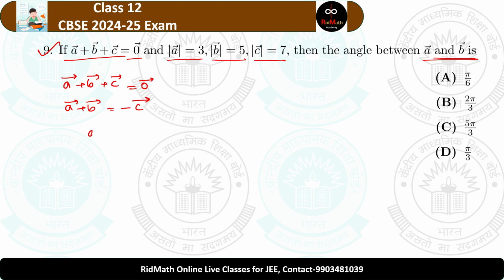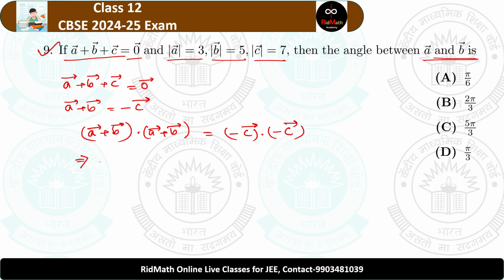So let us dot product A plus B dot A plus B. This is equal to minus C dot minus C, because A plus B is minus C.